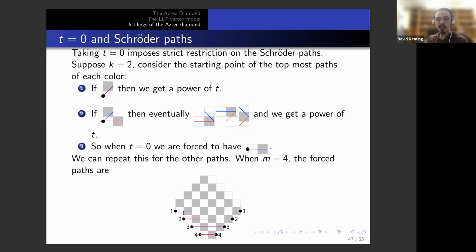So this is completely forced. This path is just frozen to do that when t goes to 0. And you can repeat this for the starting points of all the other paths. For m equals 4, at rank 4, these are all frozen. They have no choice but to do this, otherwise they'd give an interaction and you get a t.